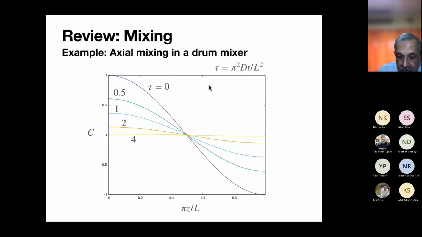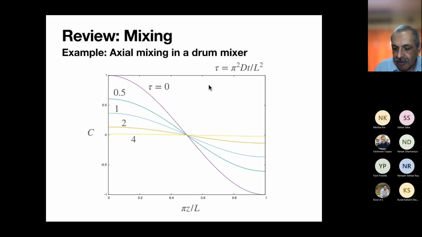So this is t equal to 0, then 0.5, 1, 2, and 4. Initially, the concentration is like this. In this half of the plane, the concentration is positive, and over here it is negative.